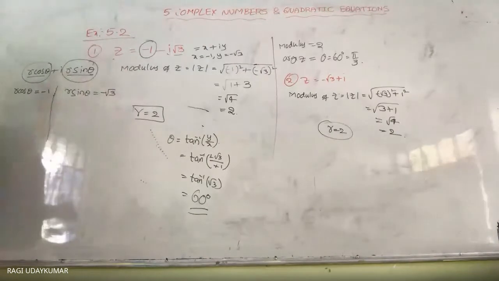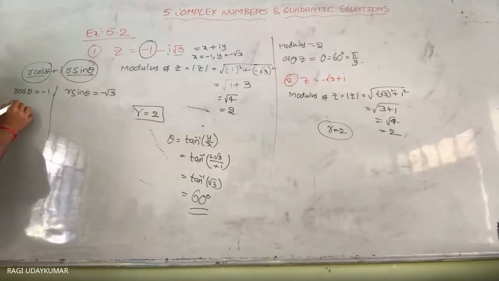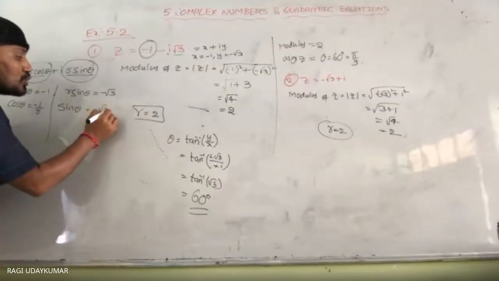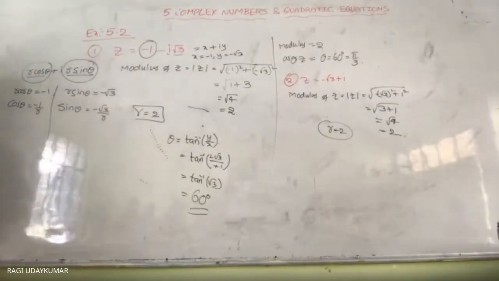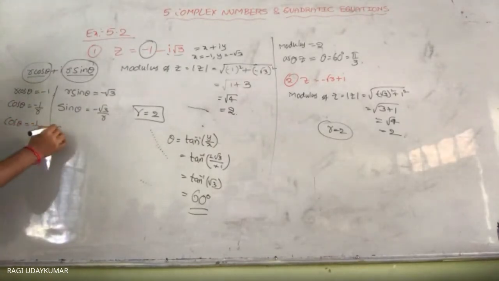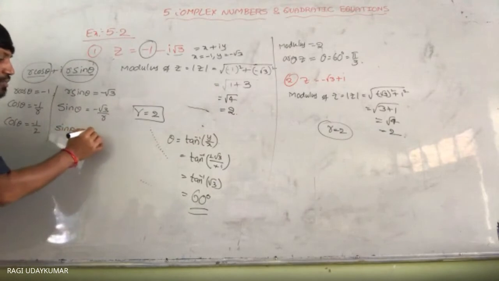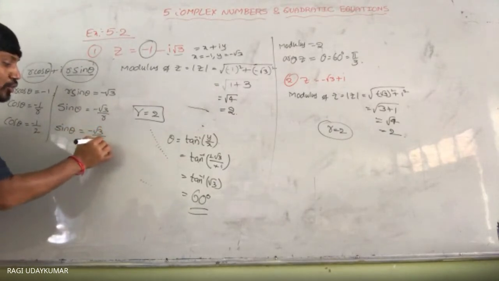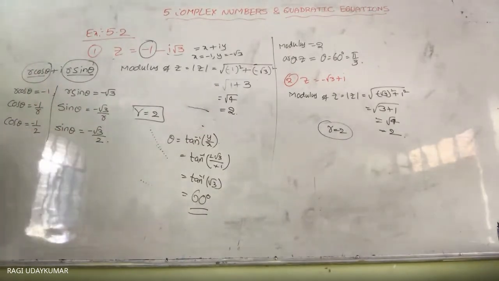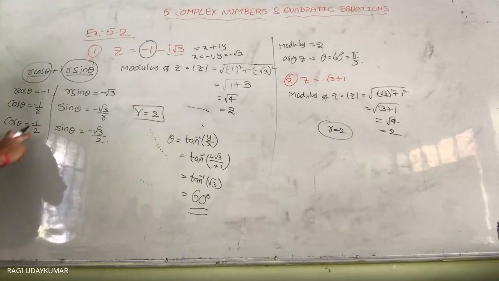From this, cos theta is equal to -√3 by r, and sin theta is equal to -√3 by r. So cos theta is equal to -1/2 and sin theta is equal to -√3 by 2. For what values of theta do both of these hold?